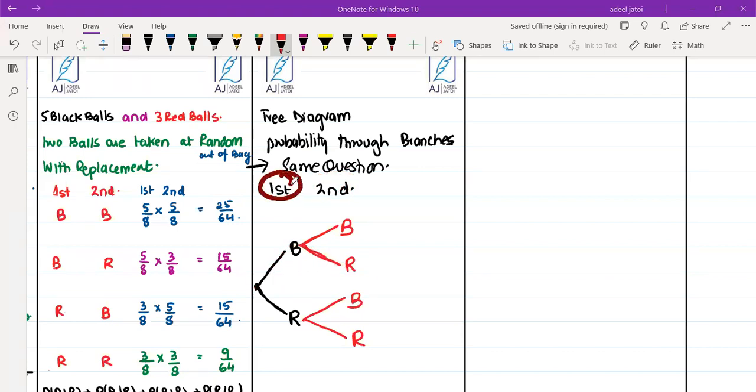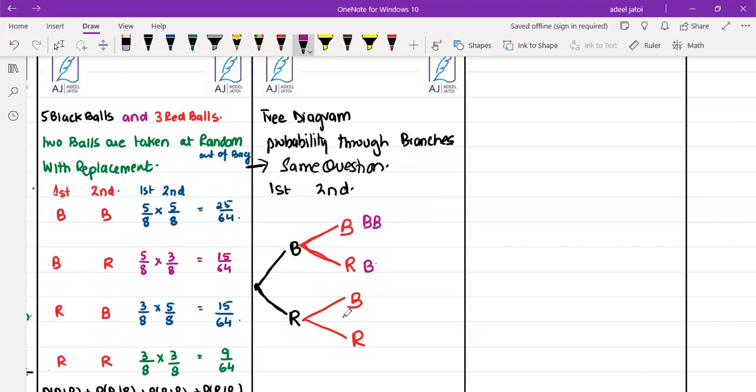If the first ball is red, then the second ball can be black. So this should be red and black. If the first ball is red, then the second ball can be red again. So it should be red and red. That means from here we should be getting black and black.